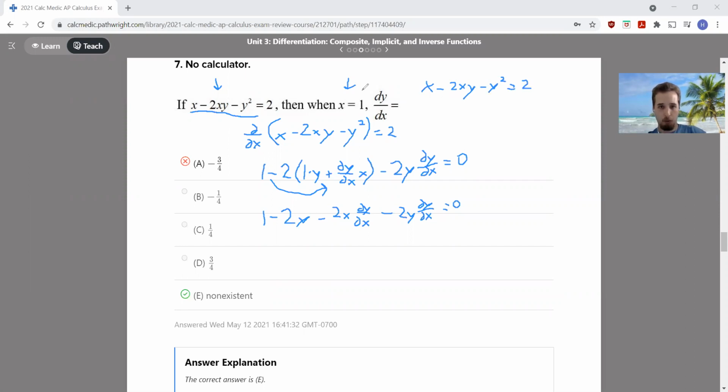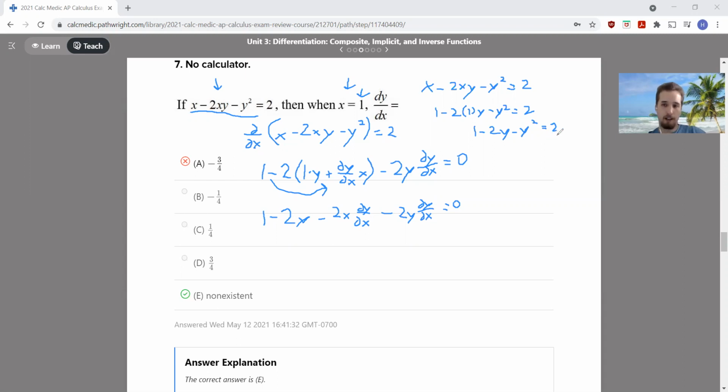Well, if I plug in 1 for x, I get 1 minus 2 times 1 times y minus y squared equals 2. Well, I get 1 minus 2y minus y squared equals 2.